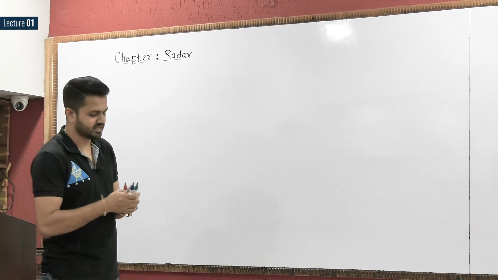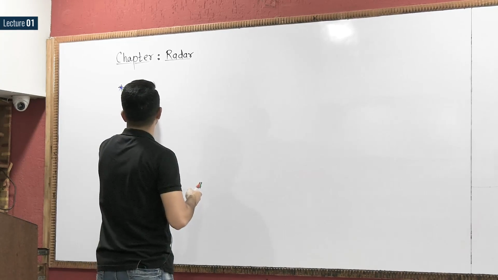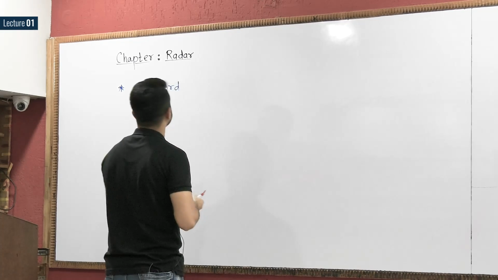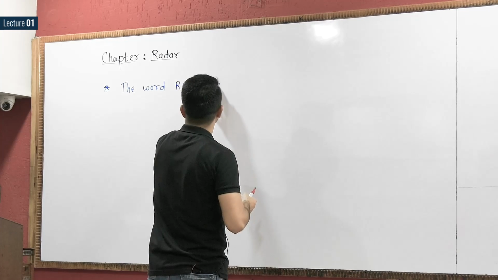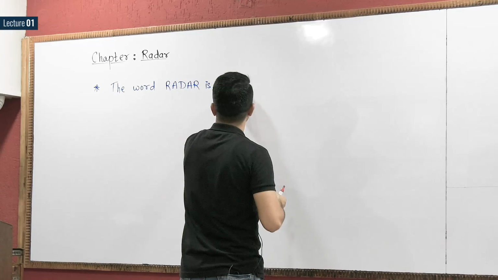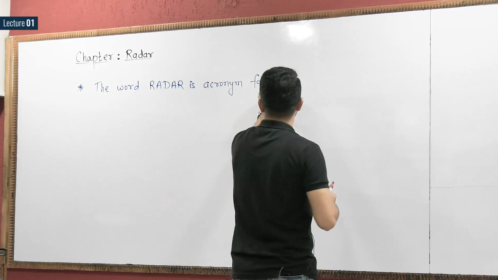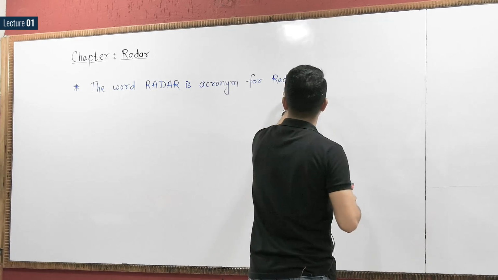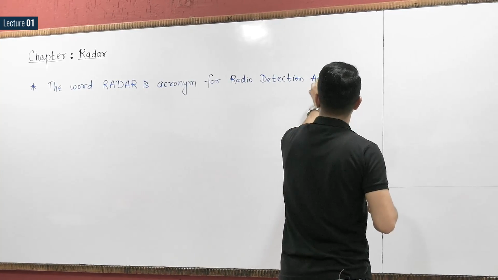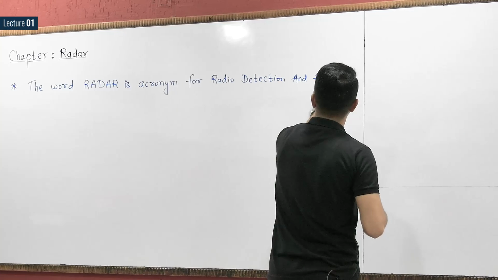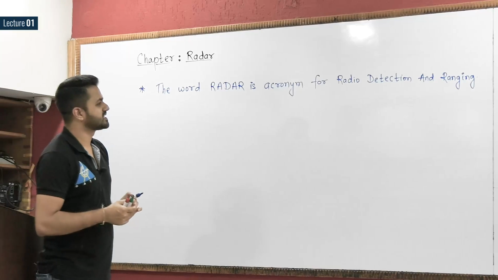So you can write a few points here. The first point you can write: the word radar is the acronym for radio detection and ranging.